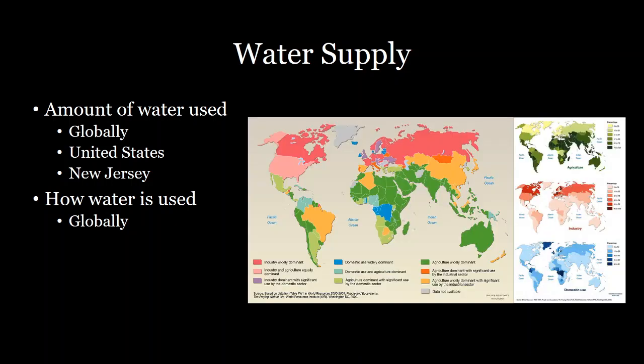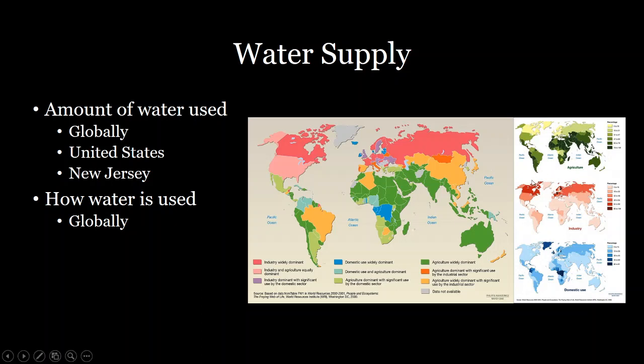We can see which water use is most prevalent for every country using this map. And for example, all the countries that have most of their water use going to industrial purposes are in pink, whereas countries that have more water going to agricultural purposes are in green.